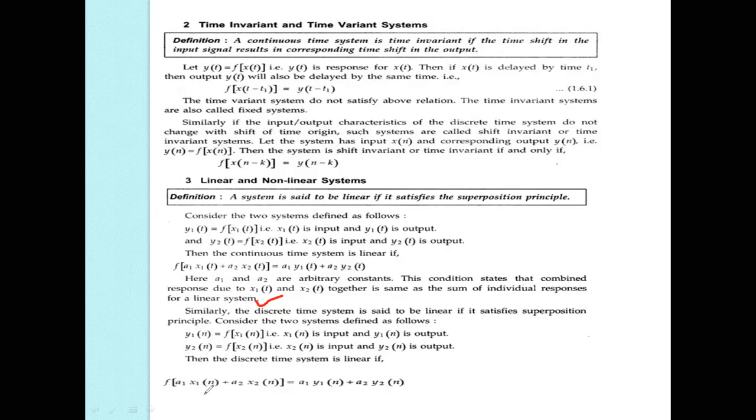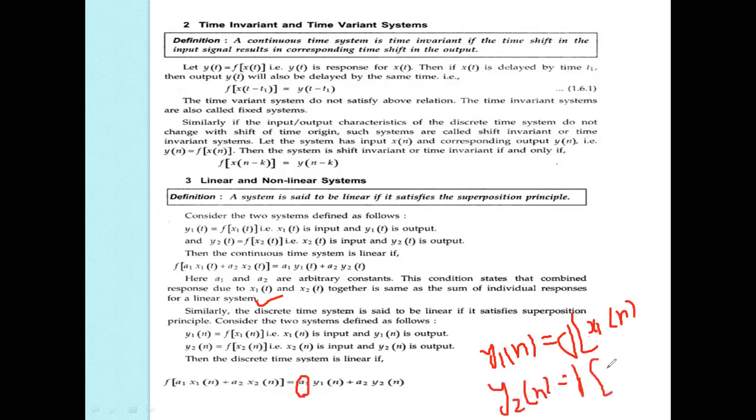The function of a1 x1 of n plus a2 x2 of n is equal to a1 y1 of n plus a2 y2 of n. What is y1? Nothing but y1 of n is a function of x1 of n, multiplied with a1 here. And what is y2 of n? It is a function of x2 of n.